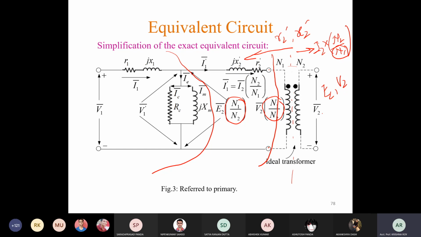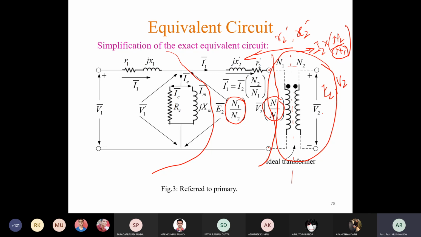Now if you remove this part, that is also valid, because this part has nothing to do with this equivalent circuit. It only shows the voltage transformation. Here we are giving V1 voltage and across these two terminals we are getting V2.